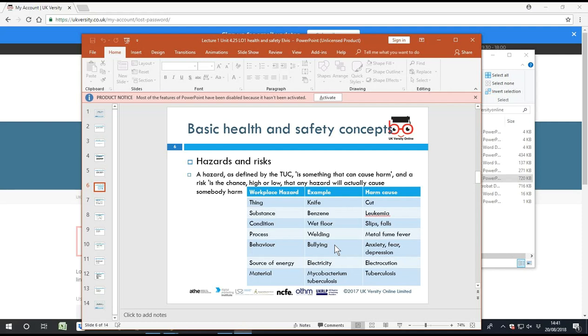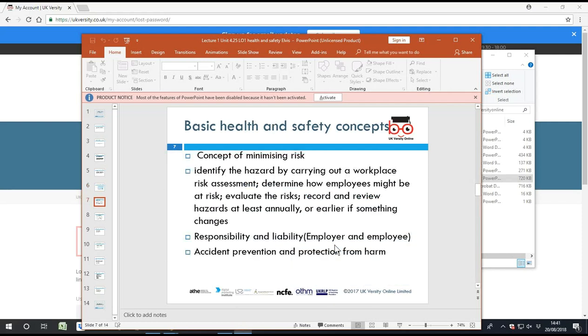And a typical example is electricity. And the harm that may cause might be through electrocution. Right. So these are all examples of workplace hazards and the harm that can be caused. And I believe this is going to help you to fully understand the concept of hazard and risk.